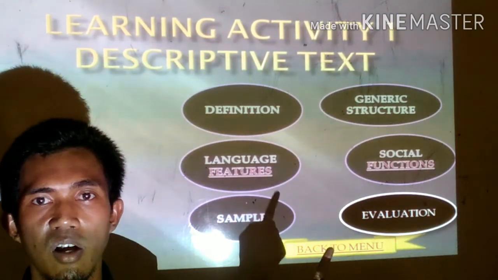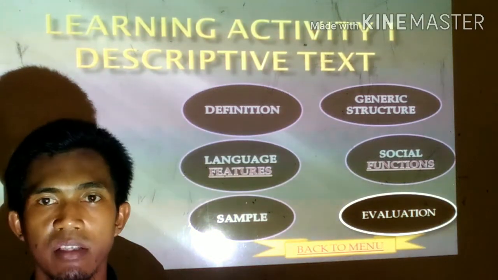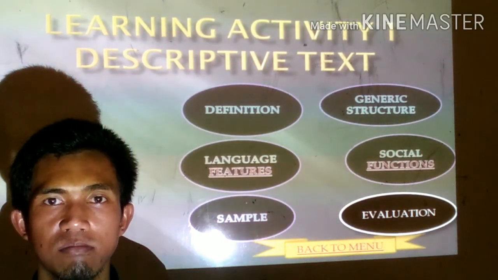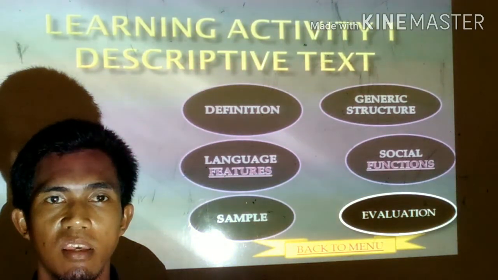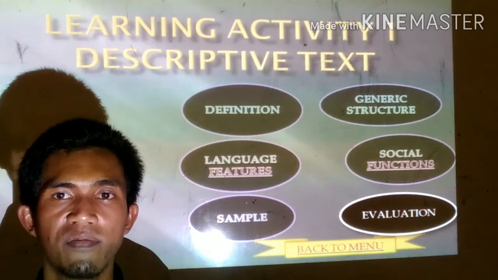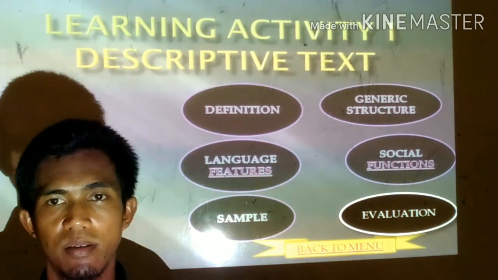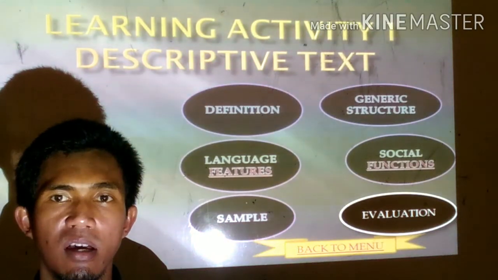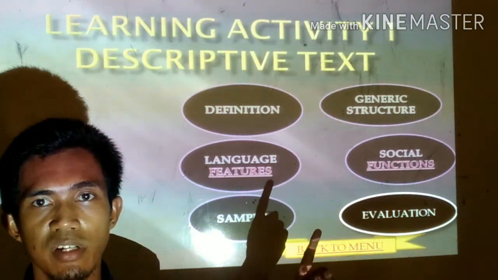And what is the social function of descriptive text? Yes, the social function of descriptive text is to describe an object.